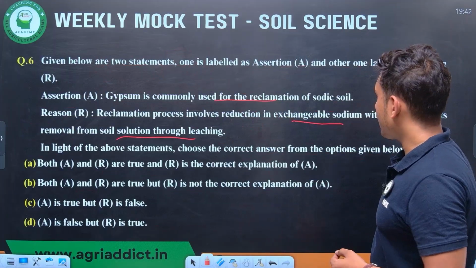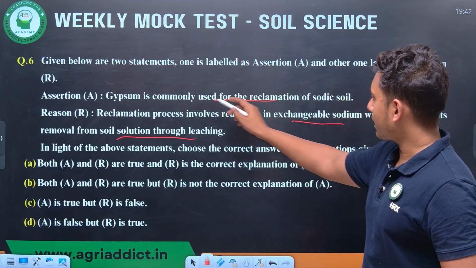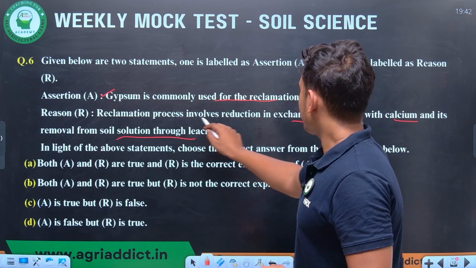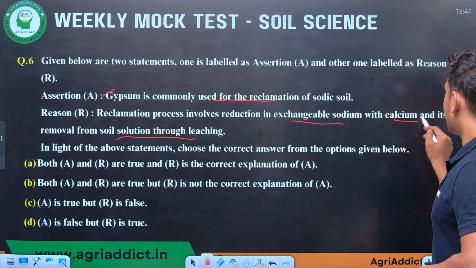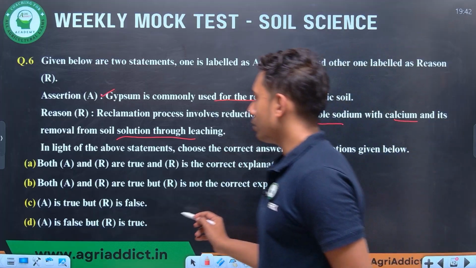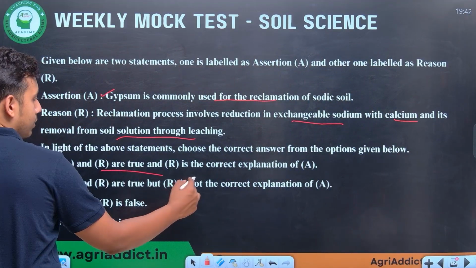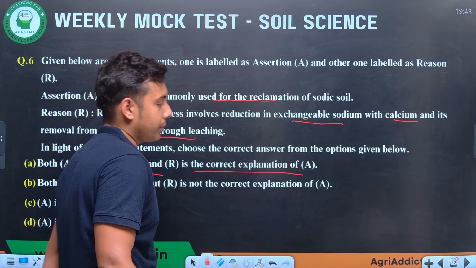So the statement that gypsum is commonly used for reclamation of sodic soil is right. Reclamation involves reduction in exchangeable sodium with calcium and its removal from soil solution through leaching, it is also right. So both option A and option B are correct, and it is the correct explanation.